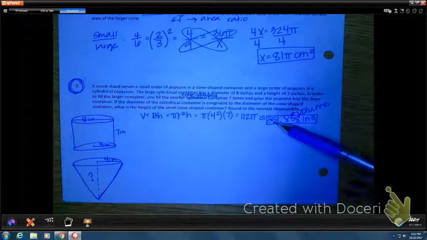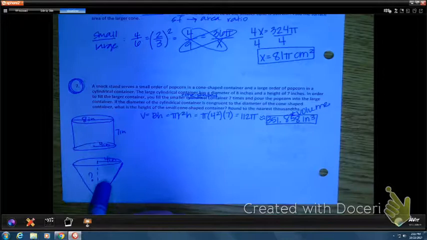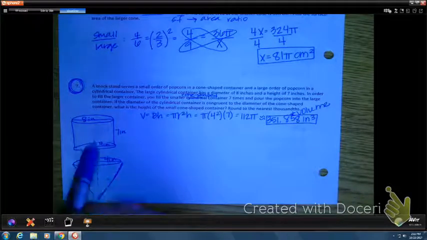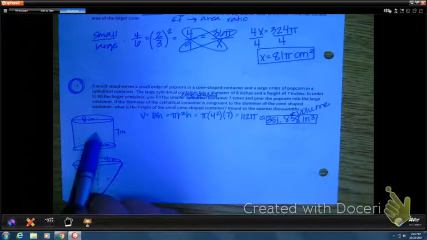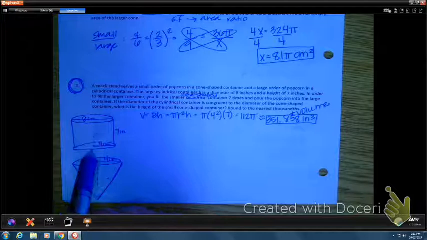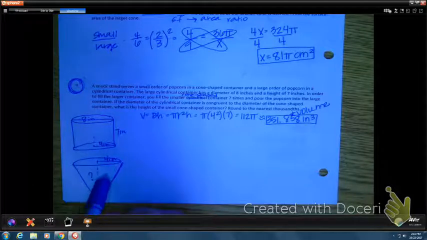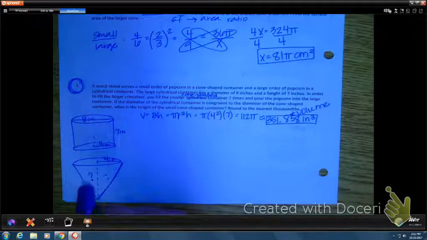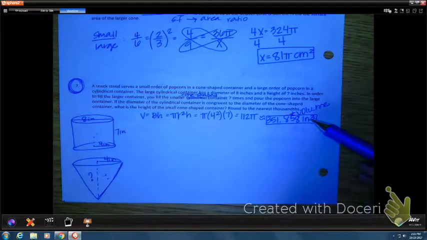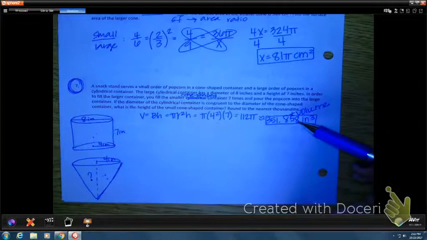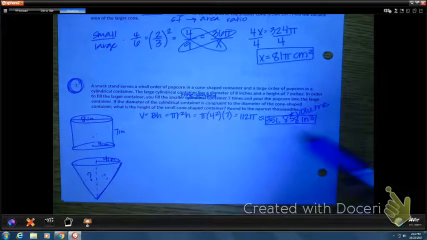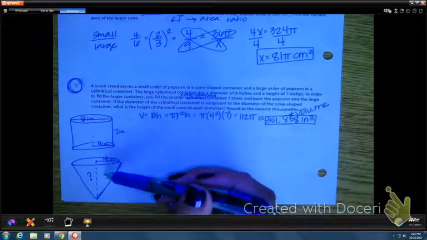You know that 7 scoops using the cone fills the cylinder 1 time. So how am I going to figure out the volume that only 1 cone-shaped scoop is? I know the total. I know 7 of these equals this. So how do I figure out what just 1 of these equals?